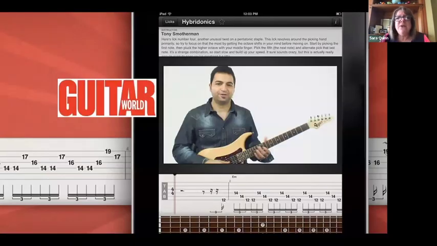So the app itself became important because you had the element of video, you had the element of touch, discovery, and surprise. You could watch this guy talk about what he'd written. You could watch it on the fret, and you could slow it down, and you could interact with the screen, all while you've got your guitar with you.